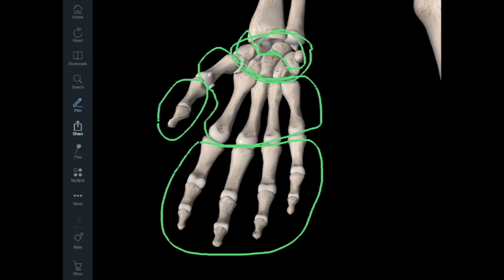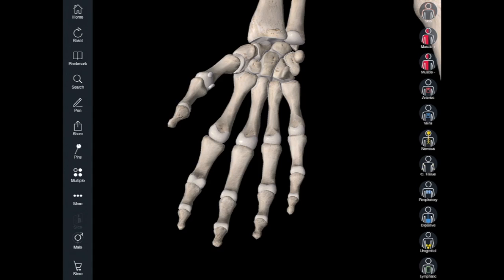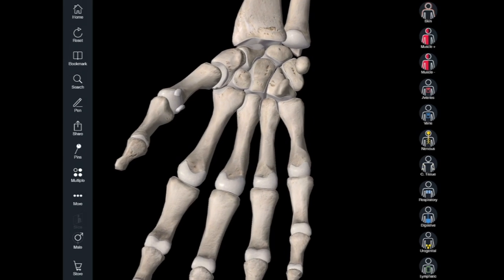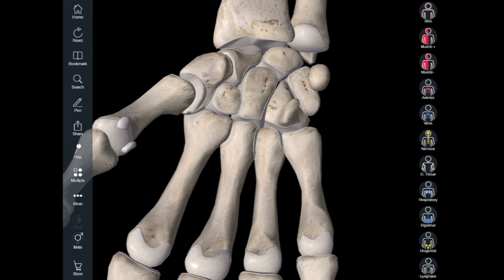Alright, so now let's clear this up and talk in detail about the bones. Firstly, we're going to talk about the bones of the carpus, which are called the carpal bones. We've got 8 carpal bones. They are organized in 2 rows of 4, the proximal row and the distal row.